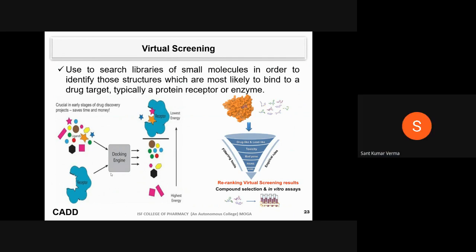PAINS, pan-assay interference compounds, are molecules showing multi-target binding, like curcumin. So we can filter these compounds using a toxicity filter, bad pose filter, PAINS, and remove bad ADME molecules and keep only drug-like molecules. Then these molecules can be docked with the particular protein to get a library of hit molecules that are suitable for a particular target.